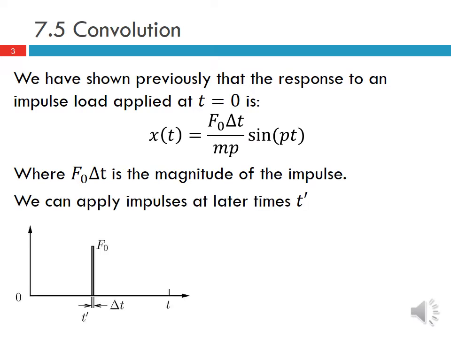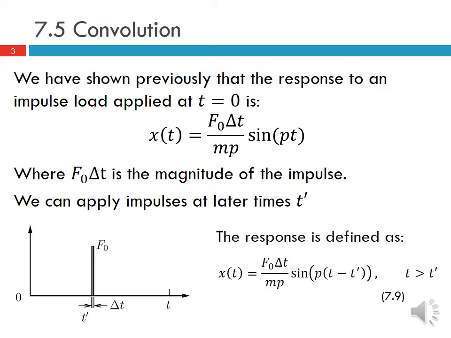We can apply impulses at later times, for example t prime. And the response is defined as F naught delta t over mp times sine of p times (t minus t prime), and this is valid for all t greater than t prime.